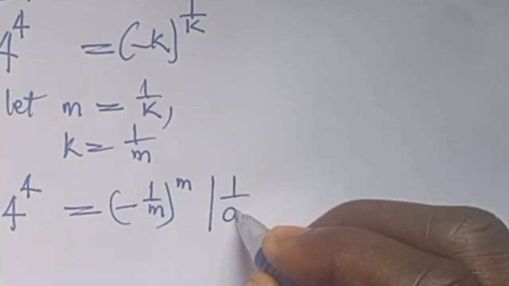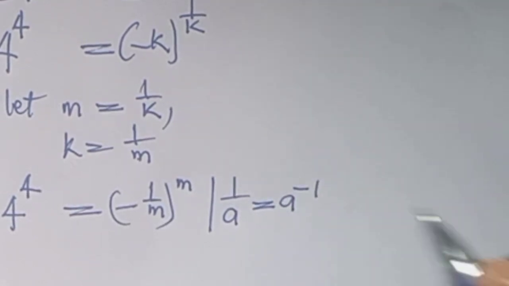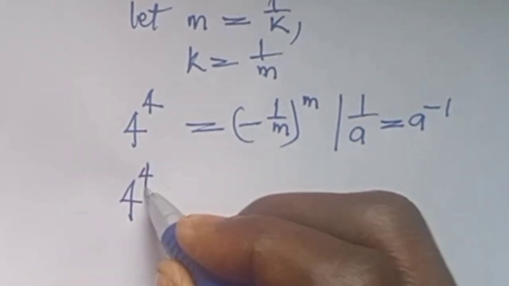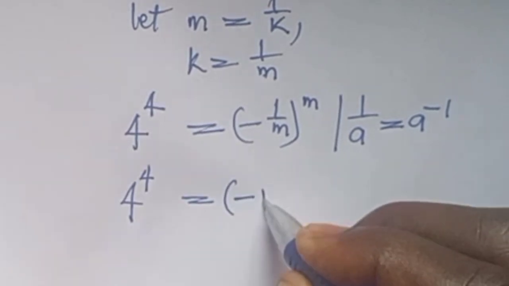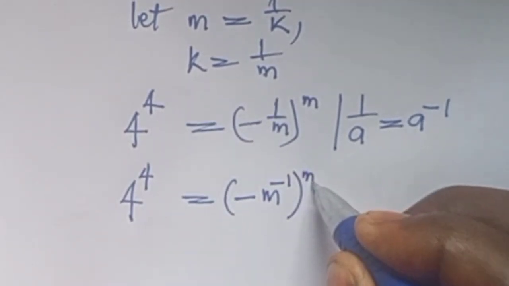But 1 over a can also be written as a to the power of minus 1. So we're going to do that here. The next line becomes 4 to the power of 4 equals minus m to the power of minus 1, all to the power of m.